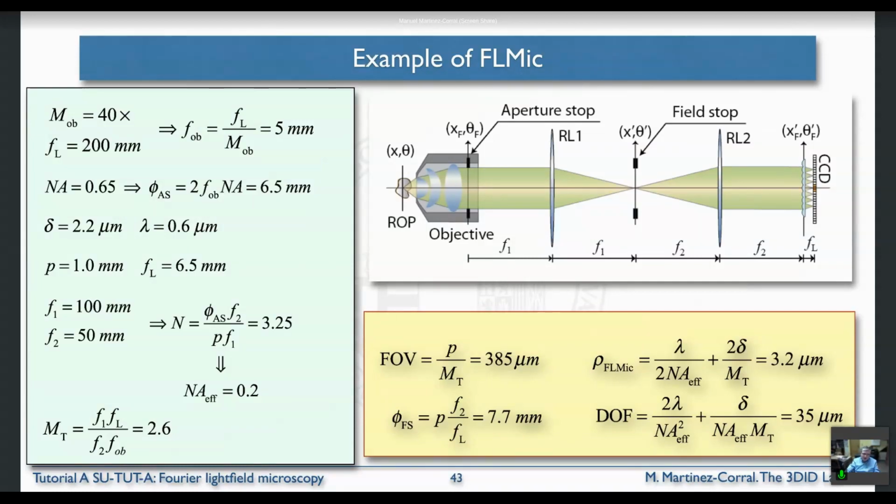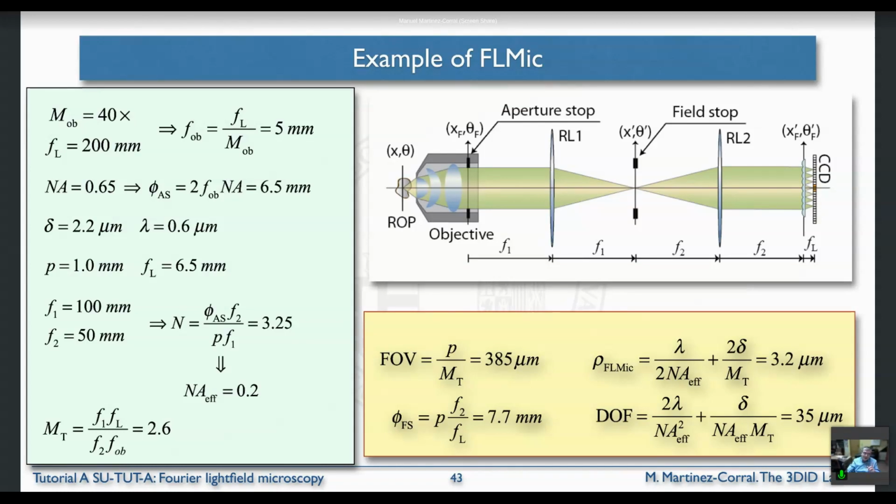We can make it. The only difference is that now, if we want to obtain this value of NAA, EI, a number of elemental images slightly bigger than 3, we have changed the focal length of the first of the relay lenses.